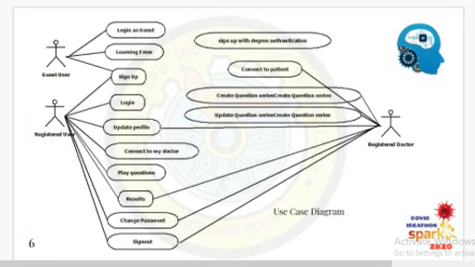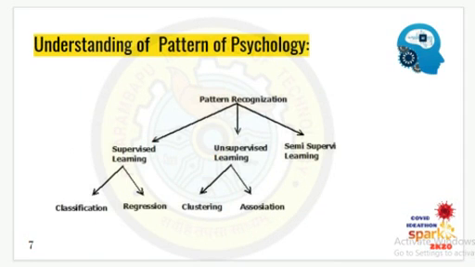To know the patient more and more, we have to understand the pattern of psychology the patient has. So, we have to understand there are three main types of pattern recognition. First is supervised learning, second is unsupervised learning, and third is semi-supervised learning.